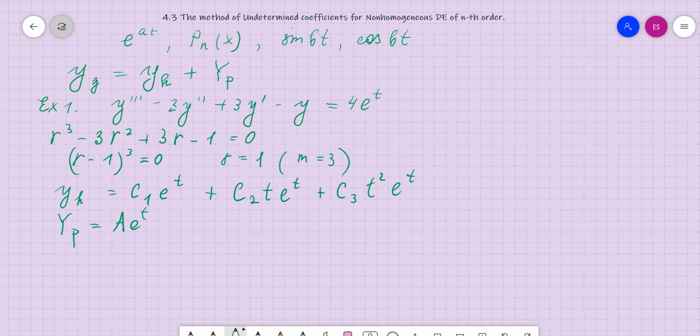You cannot make it equal to the right side. So you start thinking, okay, how do we usually deal with this? We multiply by t, our standard technique, right? And we are going to multiply by t. And now we compare it with the homogeneous solution, and we see that we already have a solution multiplied by t as well in the homogeneous solution. So we are going to continue multiplying by t and multiply by t squared.